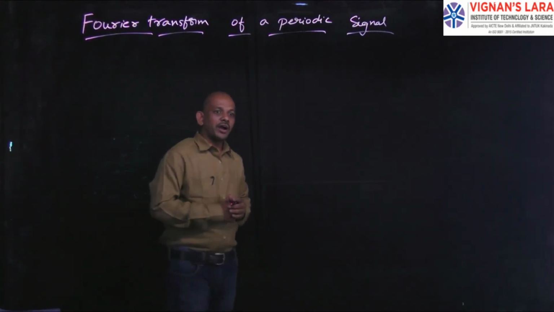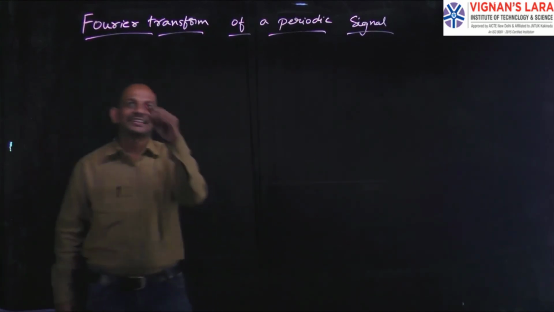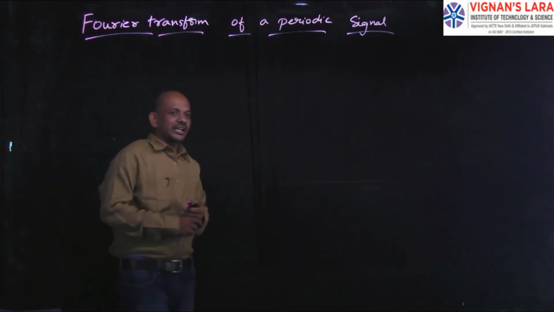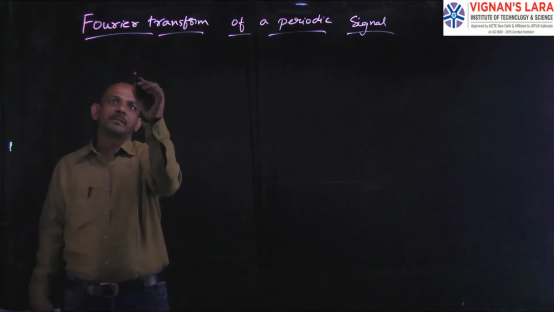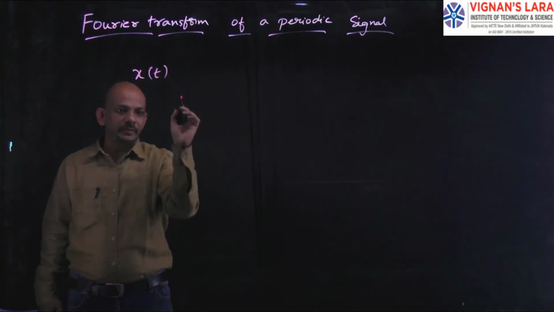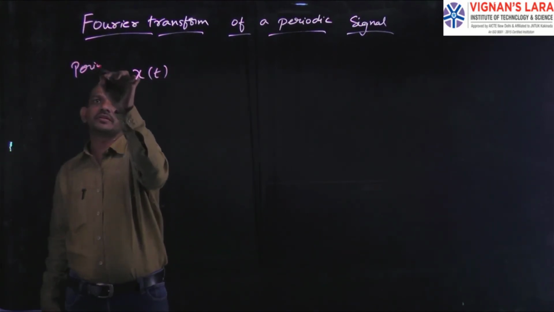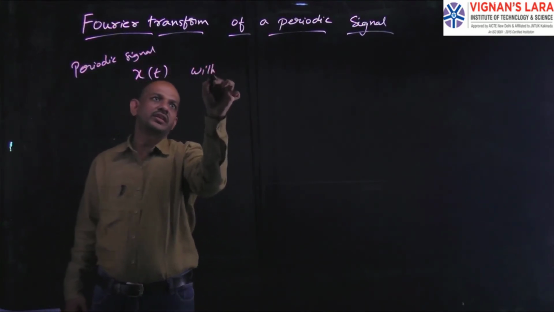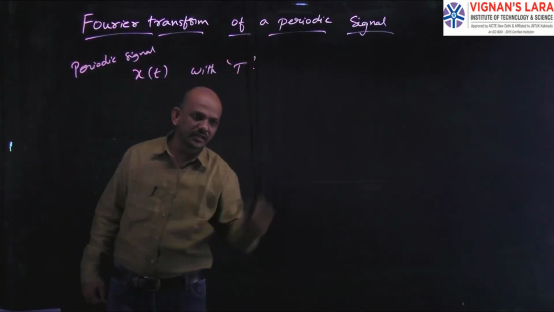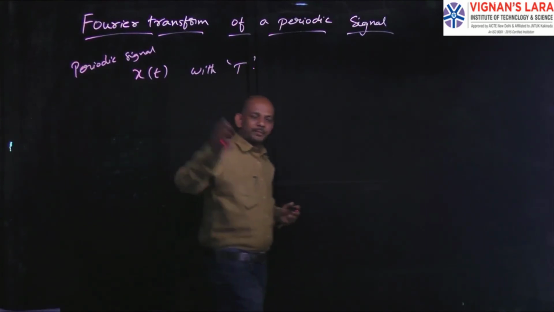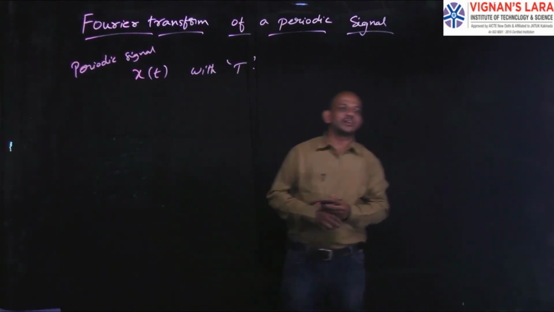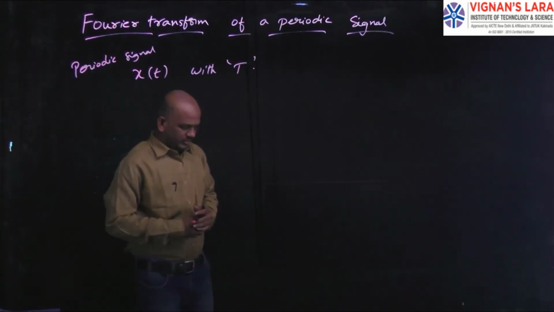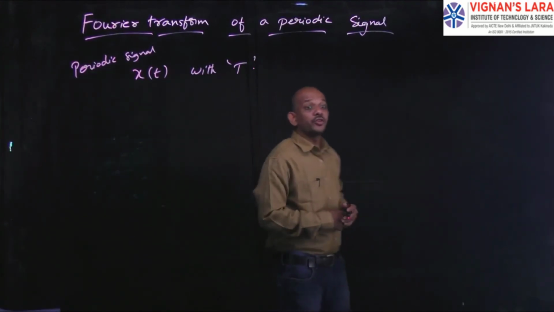For that I have to consider a periodic signal x of t with period capital T. Now I can represent this periodic signal as a sum of complex exponentials, or simply this x of t can be written in terms of exponential Fourier series.